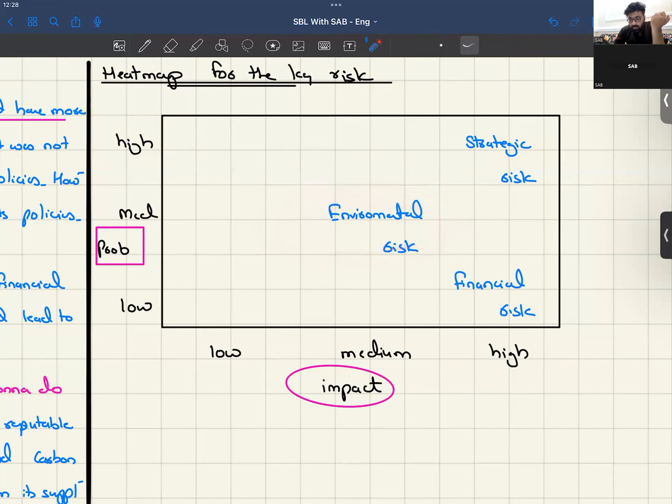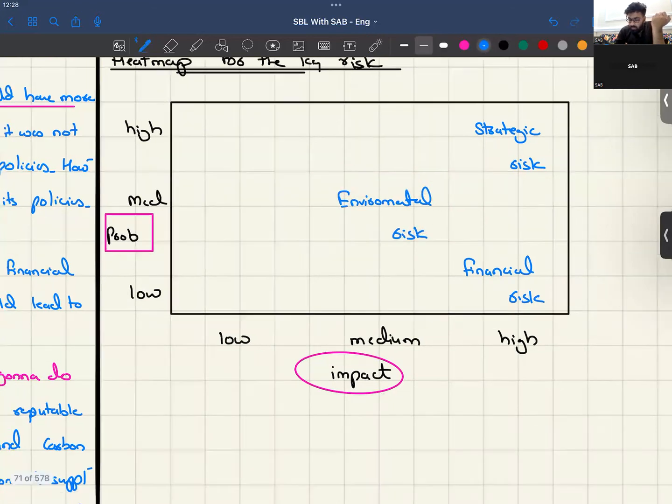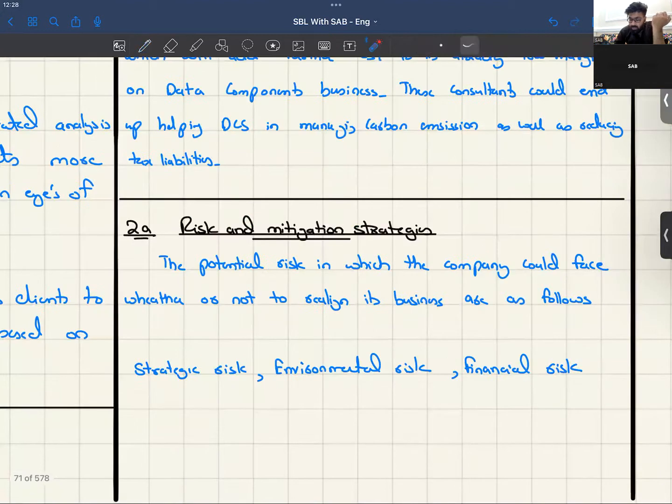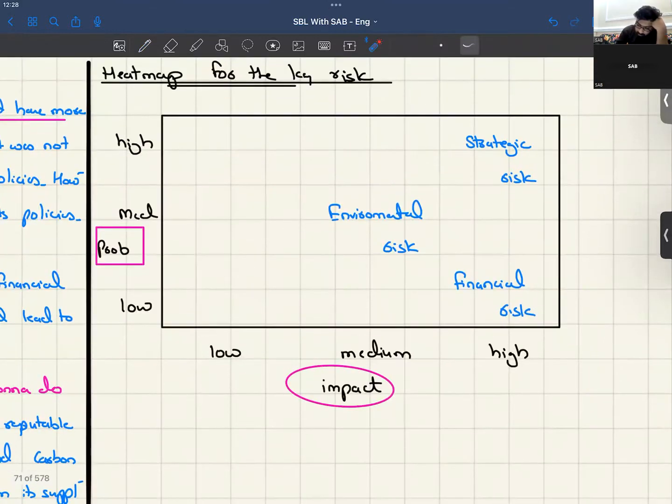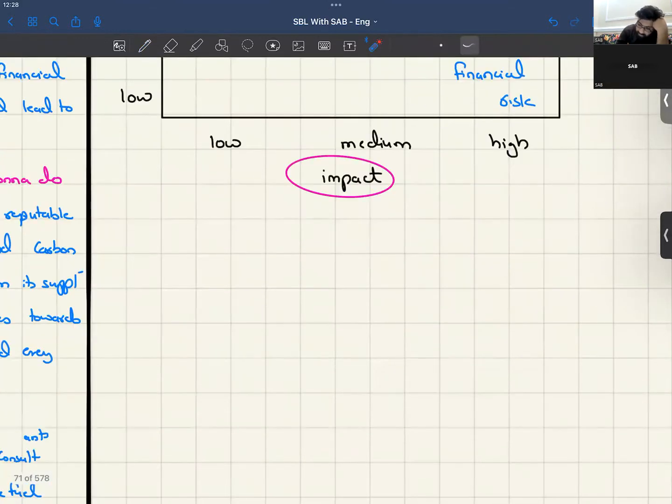So environmental risk here. Now, what you did: you just made the risks and plotted them on a heat map. Now define them, with their strategies being suggested there, right?